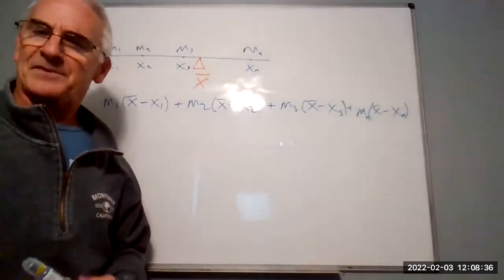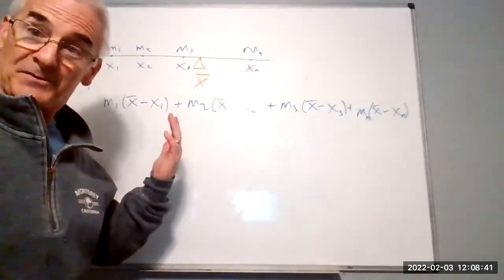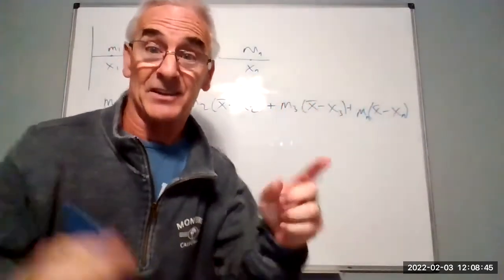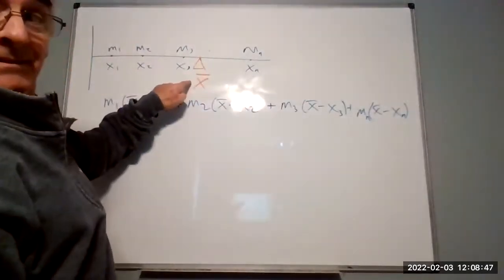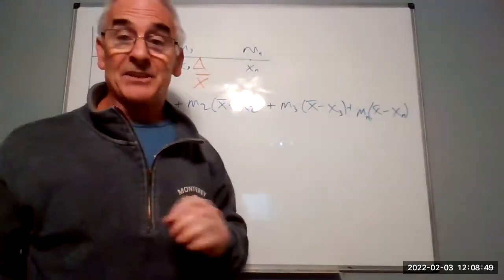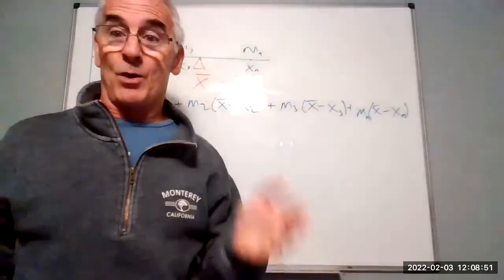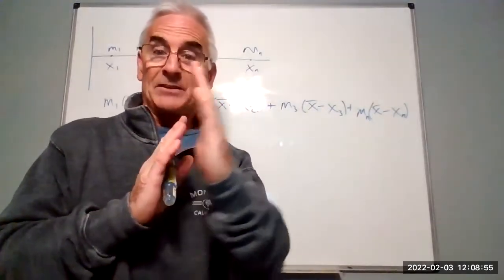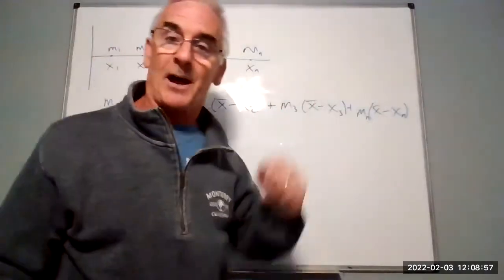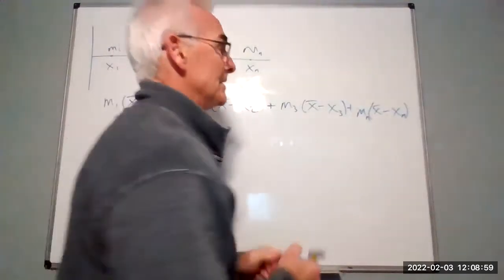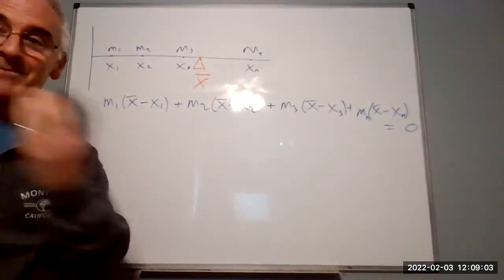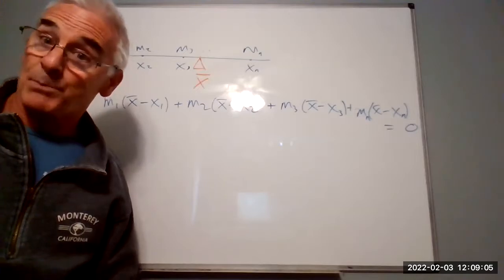It has to add to 0, because the stuff to the left of x bar will be positive, but the stuff to the right of x bar will be negative, and they have to be exactly 0 if that is in fact the balance point. I don't know where the balance point is, but I know wherever it is, everything to the left will be positive, everything to the right will be negative because I'm subtracting in the opposite order. It has to add to 0. No way around it.